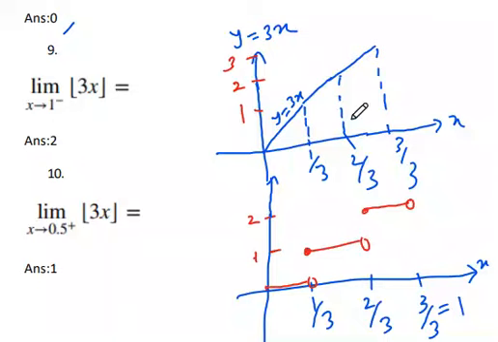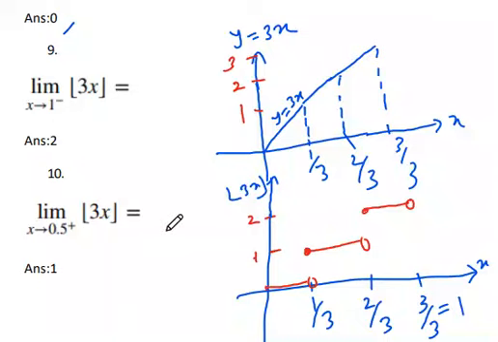And if you consider this area, that means x varies between 2/3 and 3/3, the functional value is between 2 and 3, and the greatest integer not greater than this value is equal to 2, right? So this is the floor of 3x.